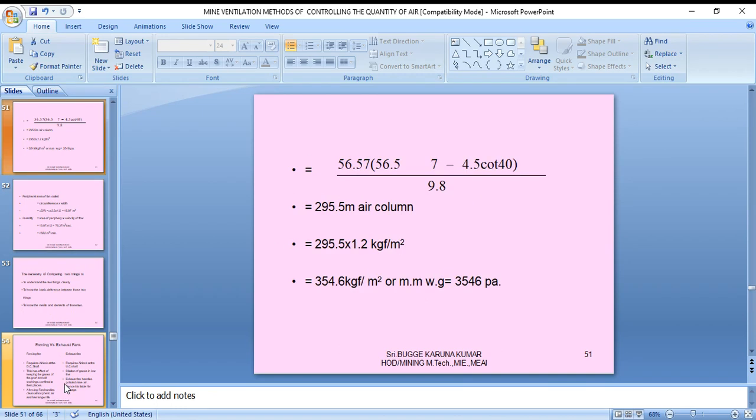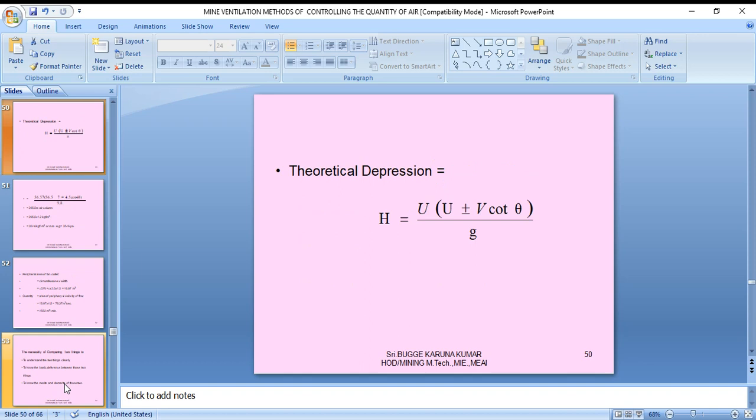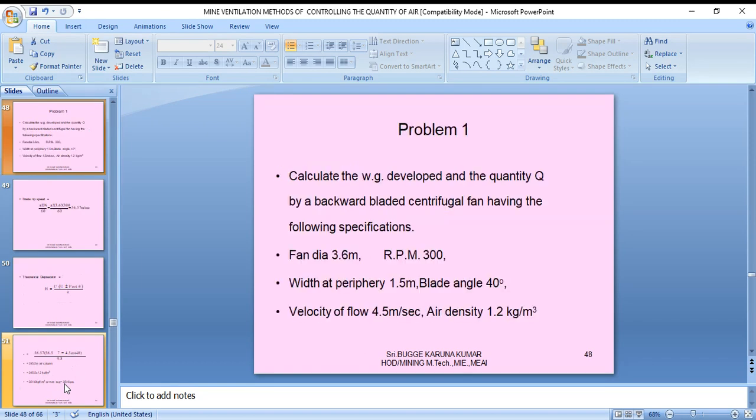For the air column you have to apply the density. Density of air is 1.2 kg per meter cube. By applying it, we get the head in mm, and divided by 1000 we get the water gauge. You can also get it in Pascals. Please note this down, one by one, from here. This is a problem. Write it down.